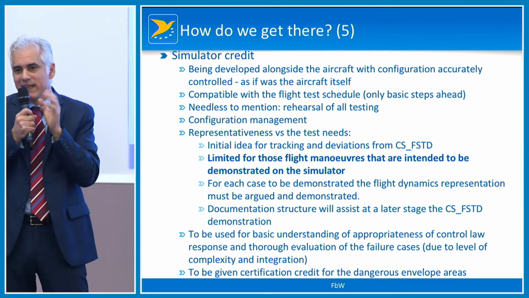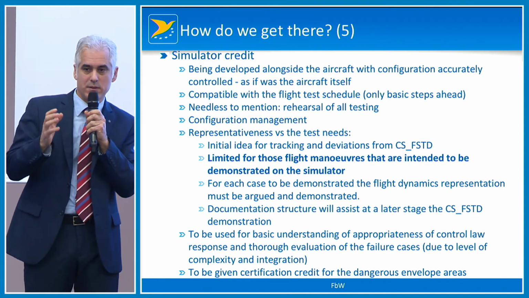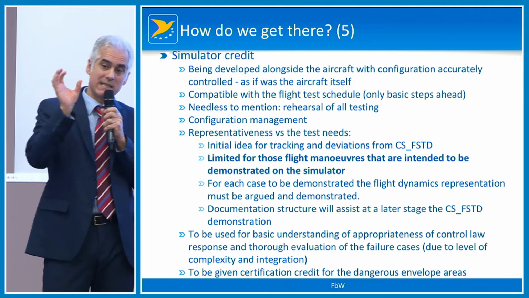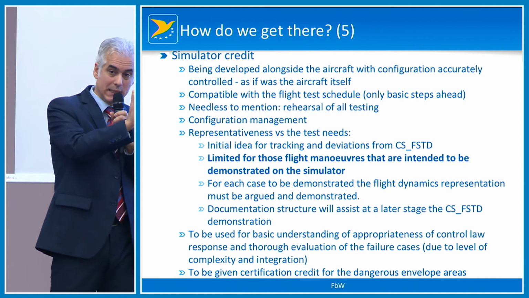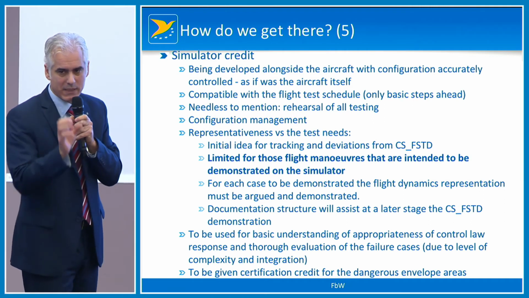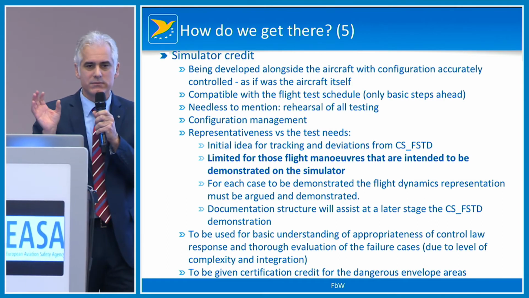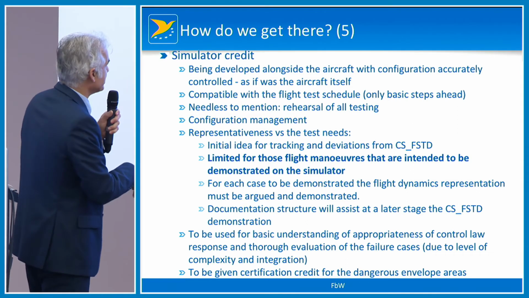So we need, from the authority perspective, to accept as a risk minimizing feature a simulator performance which is very close to the real aircraft, and both of them are acceptable for certification. You can imagine the task. It's like you have one equation with two unknowns. You change something here, the equation is not solvable.